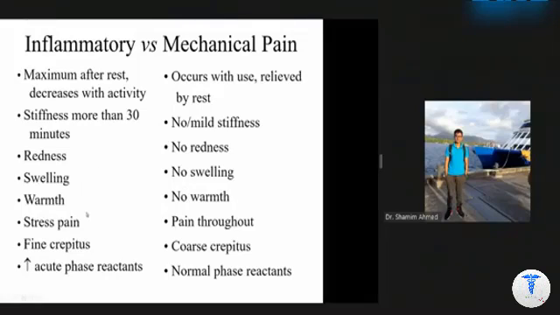And in inflammatory pain, one of the characteristic features is stress pain, that is, pain increased towards the extreme range of movement. This is called stress pain, and the pain is felt throughout the movement. In inflammatory pain, there is fine crepitation, but in mechanical, there is coarse crepitation. In inflammatory pain, acute phase reactants, that is ESR and CRP, will be high, but in mechanical pain, these will be normal.